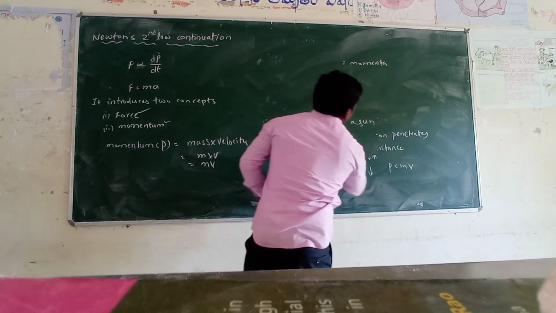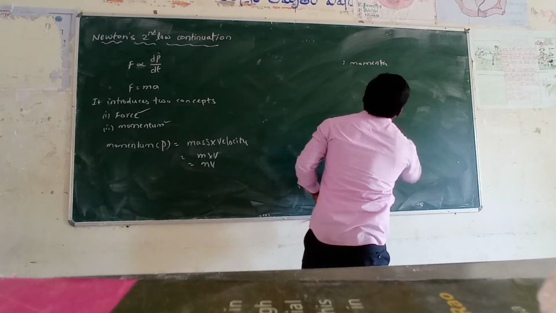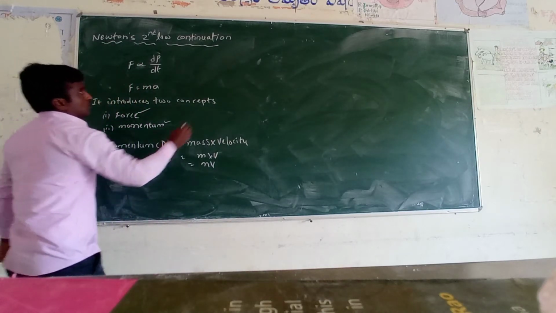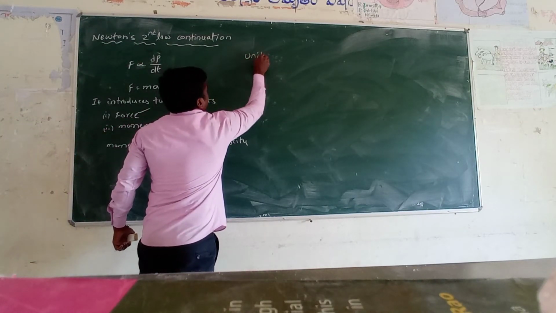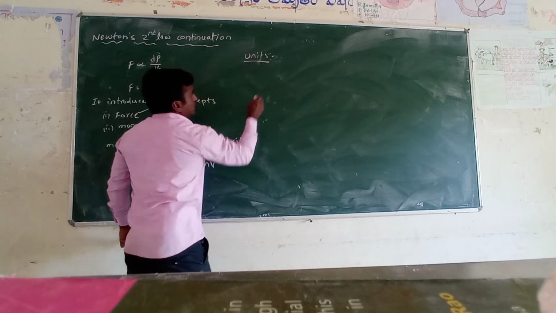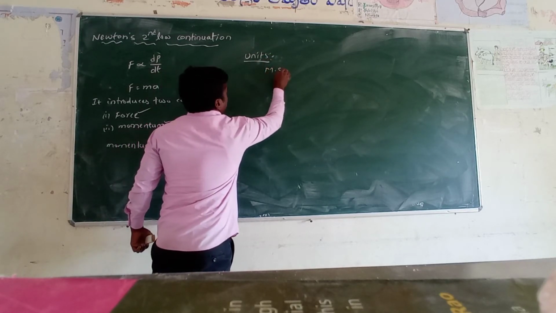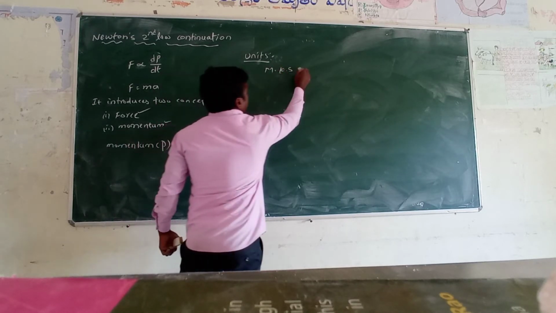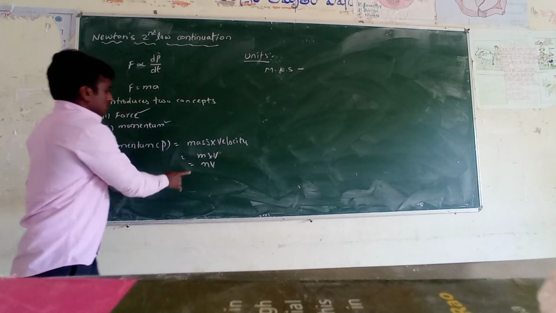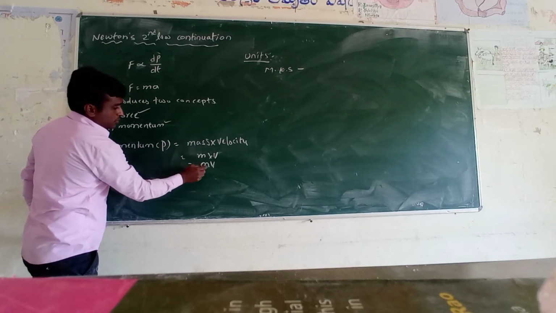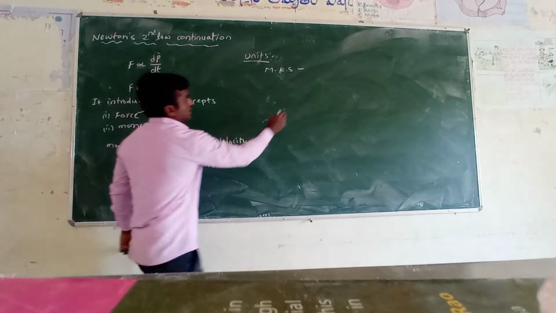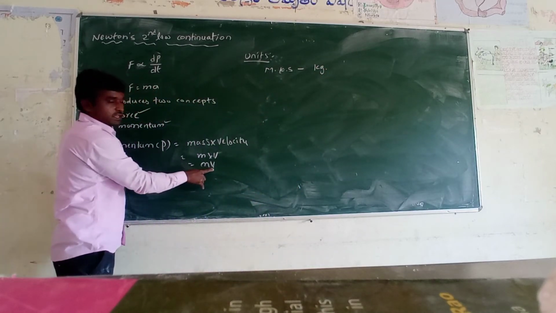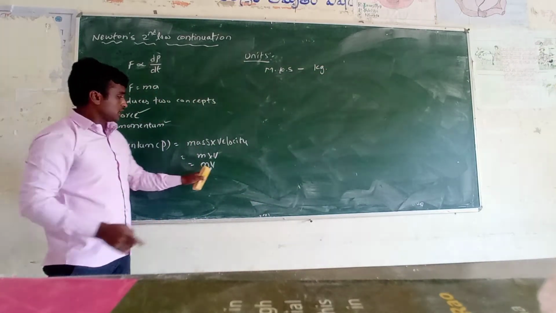What is the unit of momentum? Units in the MKS system. What is the unit of mass in MKS? kg. What is the unit of velocity in the MKS system? Meter per second.